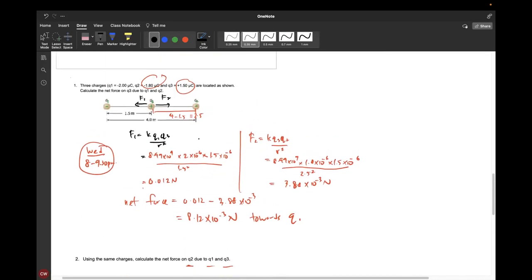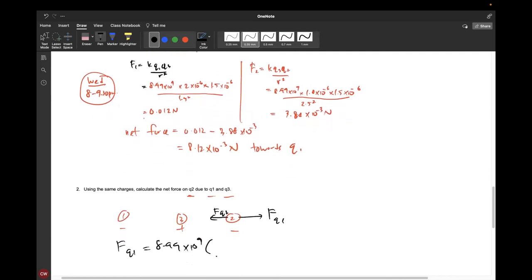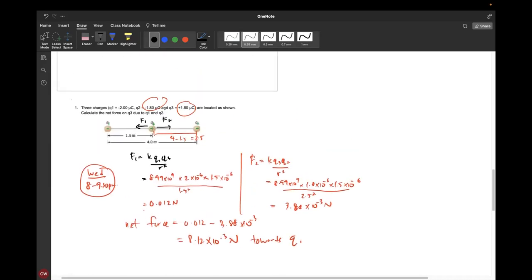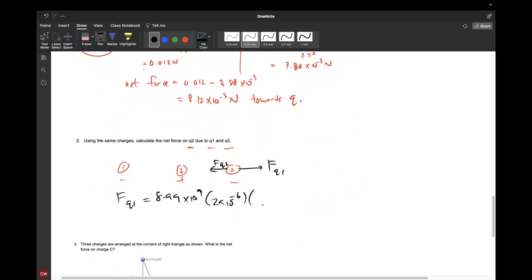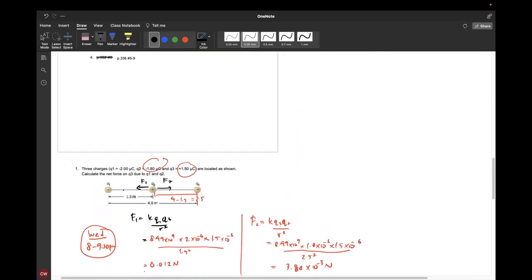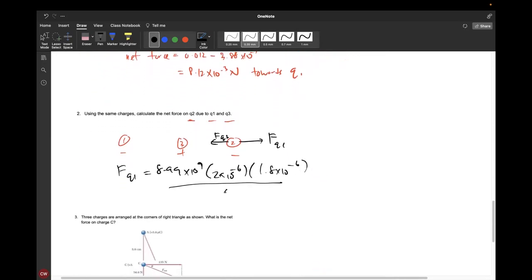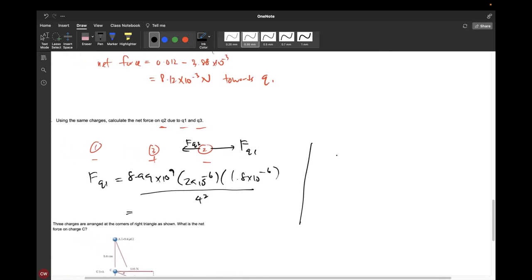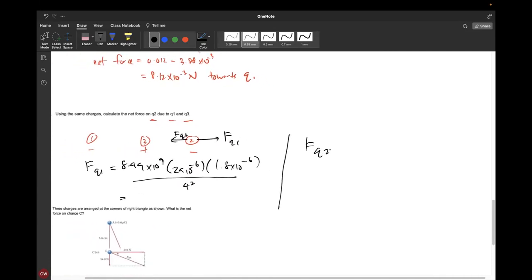Charge on 1 and charge on 2: 1 is this one, 2 is 1.8 times 10 to the power of minus 6. The distance between 1 and this point is 4, so 4 squared. Okay, try to get this. Then find the one due to Q2.